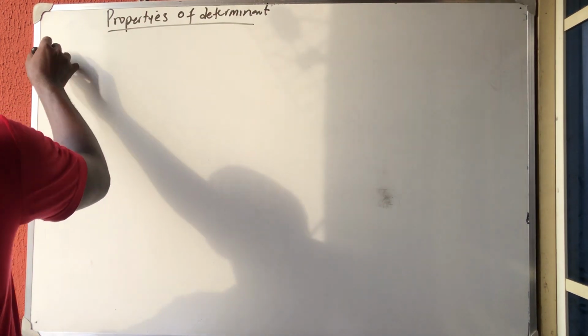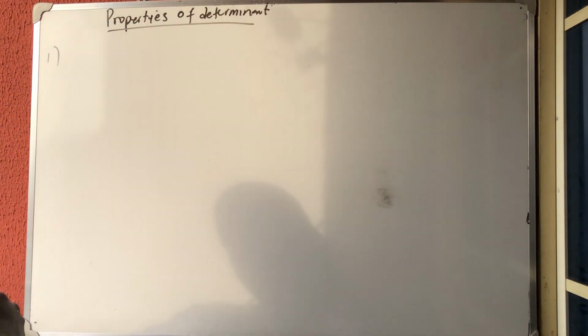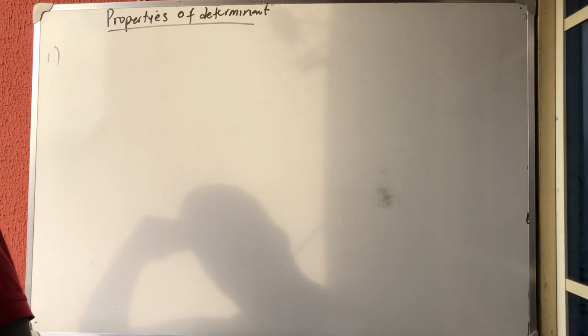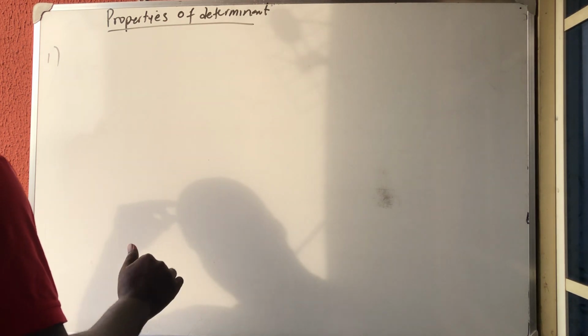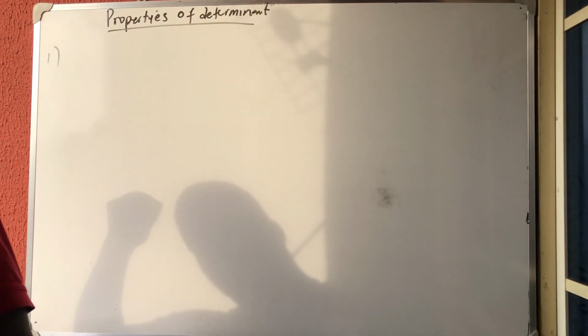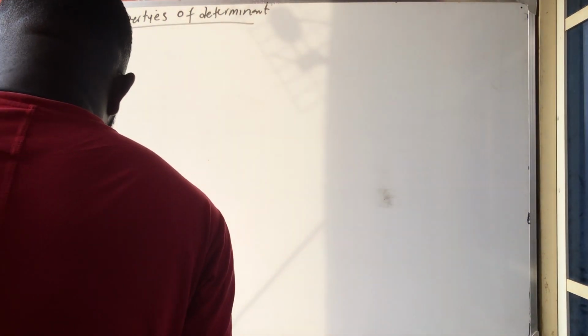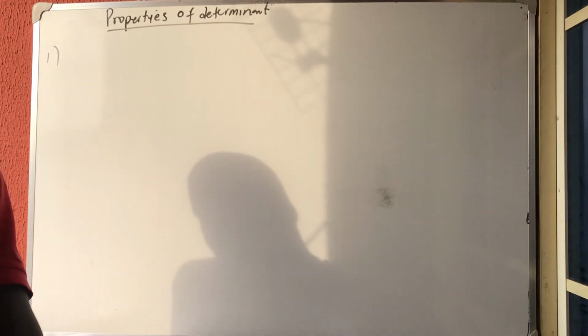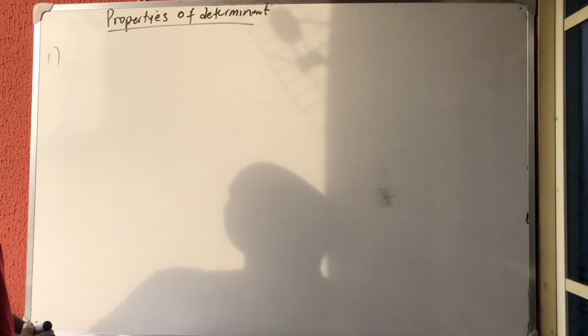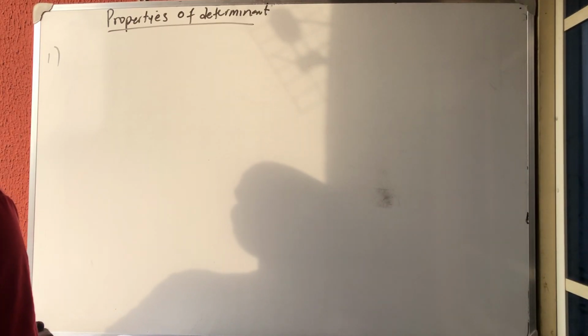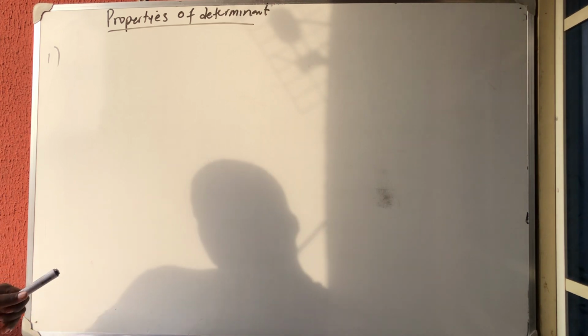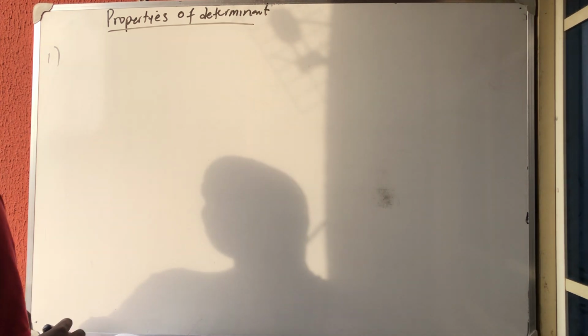Okay, now the first property of determinants is: if A has a row whose entries are all zeros, then the determinant of A is 0.